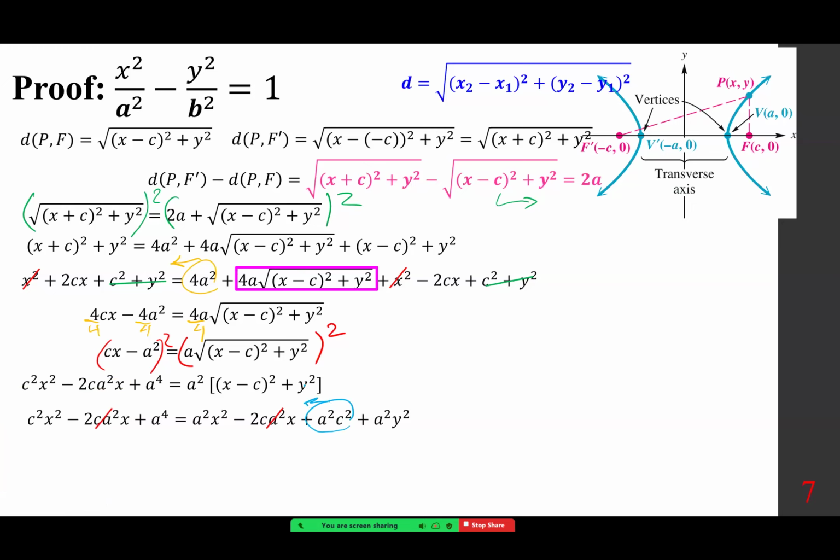We can move this to this side. We can move this to this side.